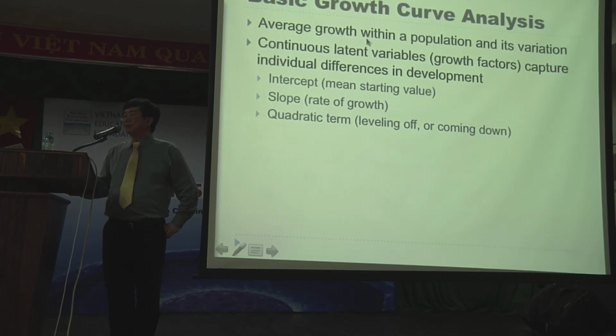The average growth within a population and its variation is the goal. A continuous latent variable or growth factor is one way to deal with this.